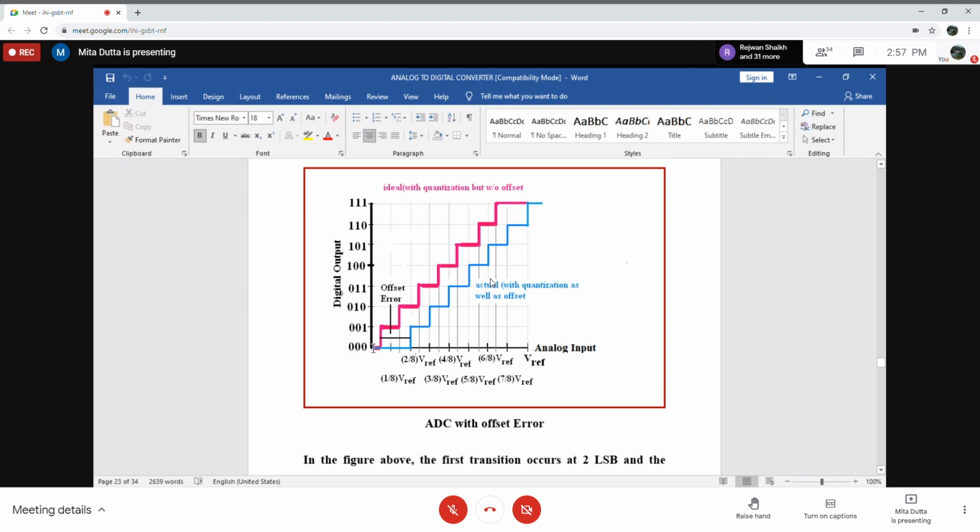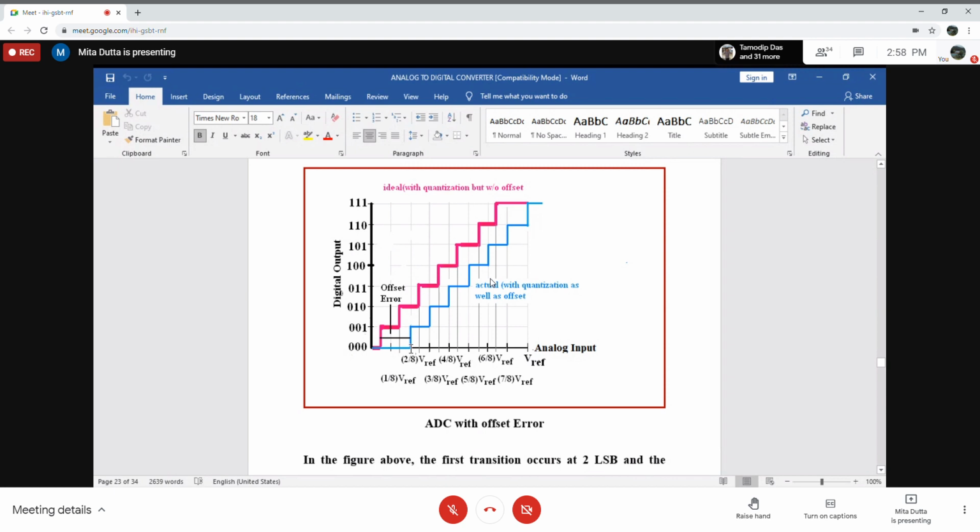That means the digital output will remain zero for a large range of analog input voltage, because up to this VREF the digital output will not change state.